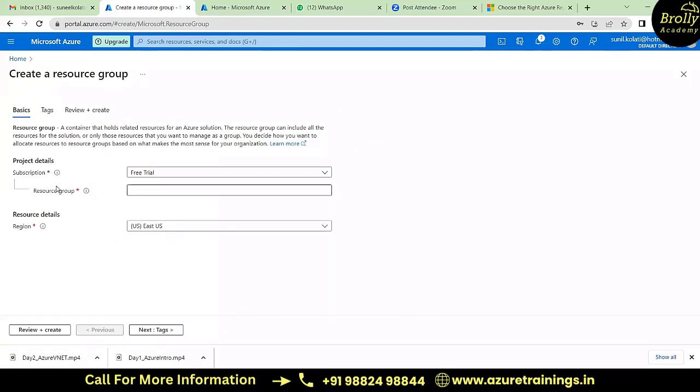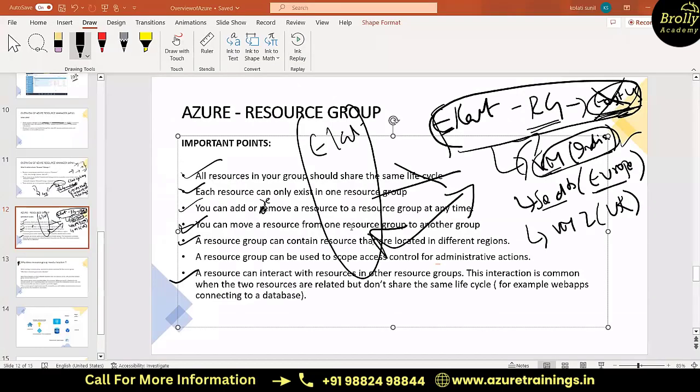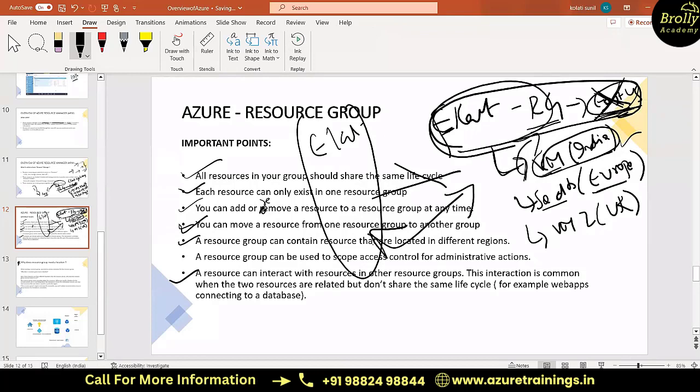We have only two options, subscription and resource group. We can create a resource group without any location. We can place a virtual machine hosted in India, a SQL database in Europe, and another VM in the UK. All these we can place in Flipkart RG.